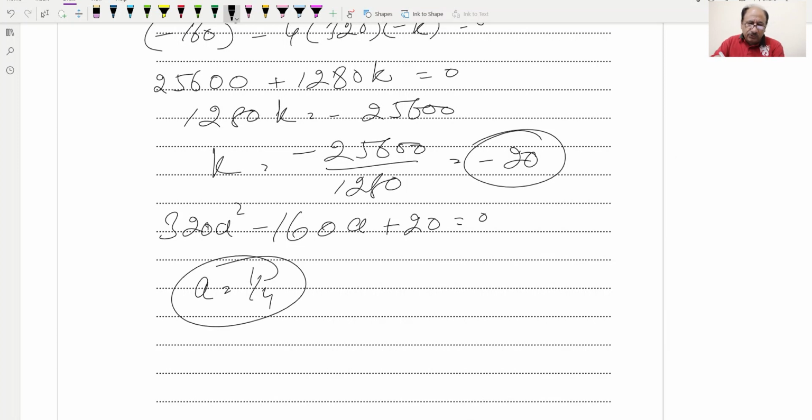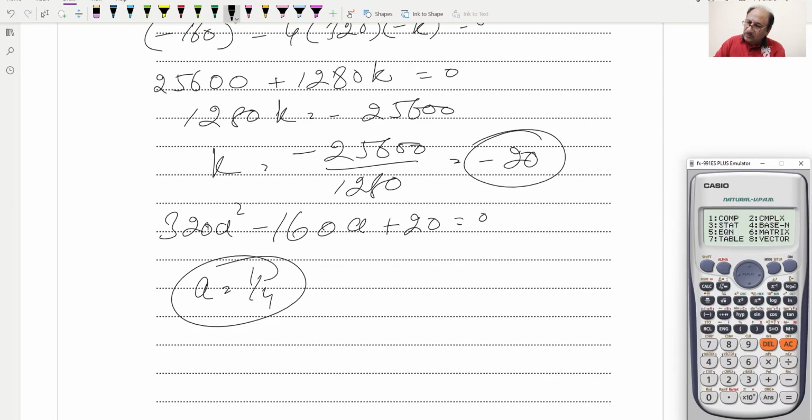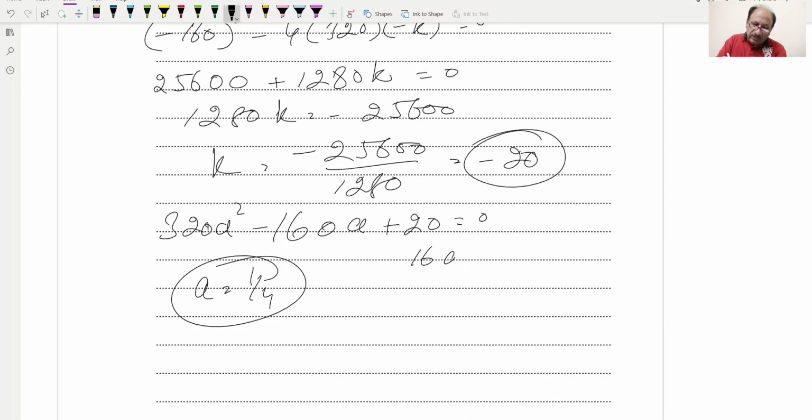You can solve this also, if you want, for example by dividing by 20. If we are showing that working also, this will be divided by 20, which is equal to 16a squared minus 8a plus 1 is equal to 0.